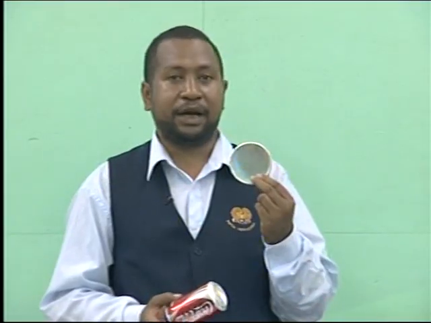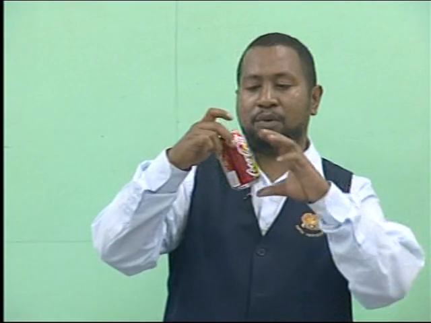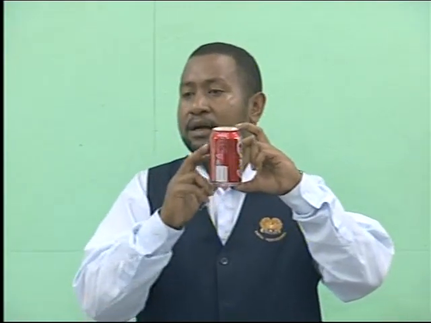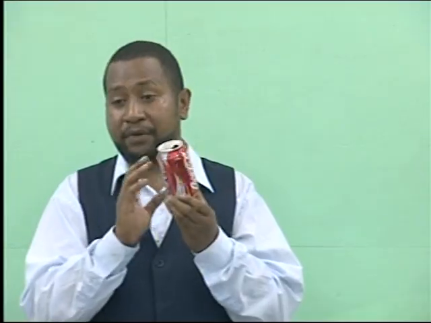Now, the other object, the second object. 7's students, what is this second object here? A popular one. What do you call this? A can, a soft drink.